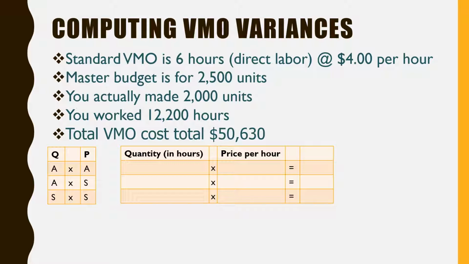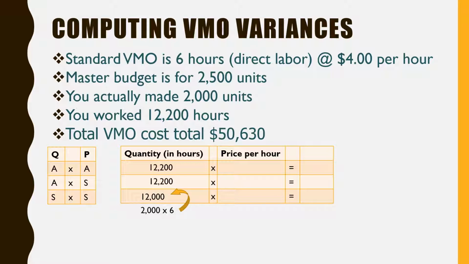The master budgets, again, should be ignored. You actually made 2,000 units. The 12,200 hours actually worked is, again, directly off of your labor. So the only extra information you need to know is that the cost for the variable overhead is $50,630.